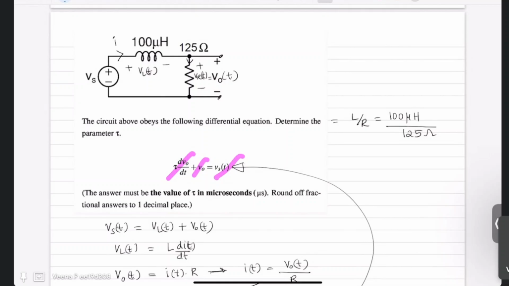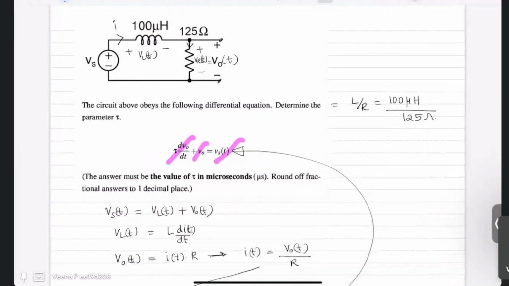So this is the time constant of your circuit, L by R. 100 by 125 comes out to be 0.8 microseconds. So that is the answer.